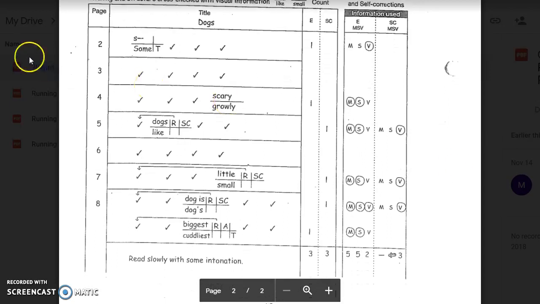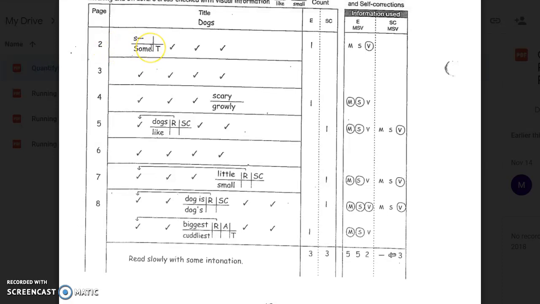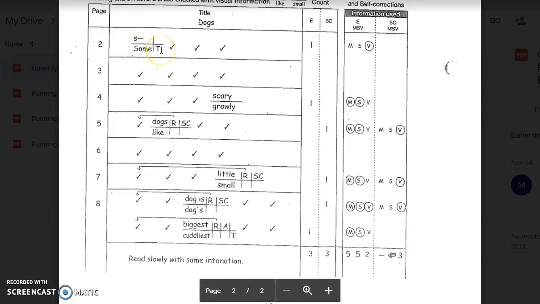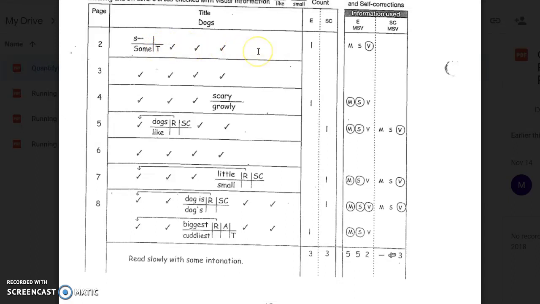It's a very primary book with just one sentence per page. On page 2, he attempted the word some and he was told the word. Now again, you know not to do this. He read the rest of the words correctly. On page 3, he read all of the words correctly.